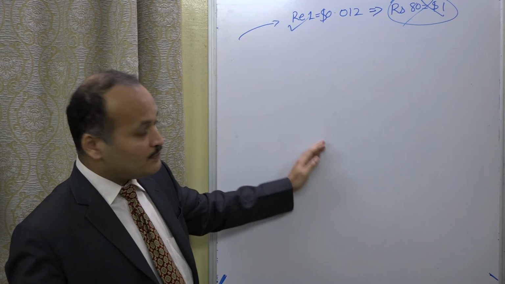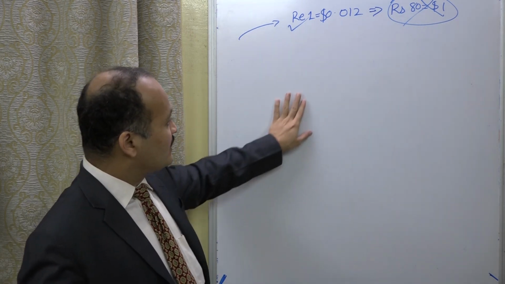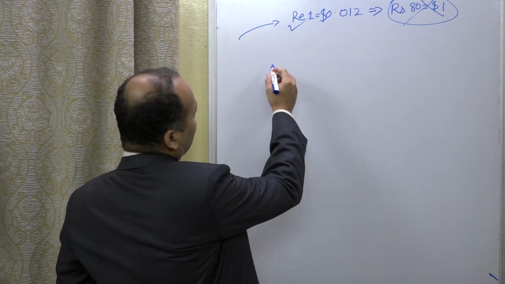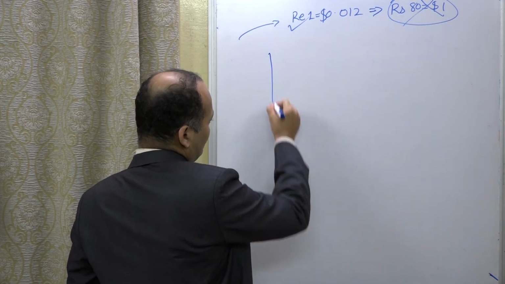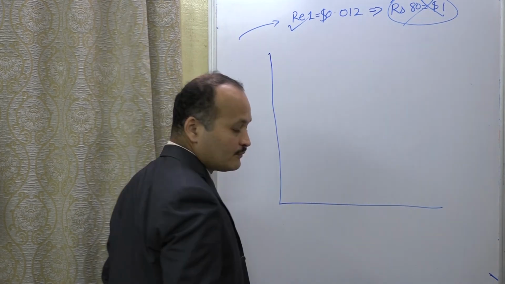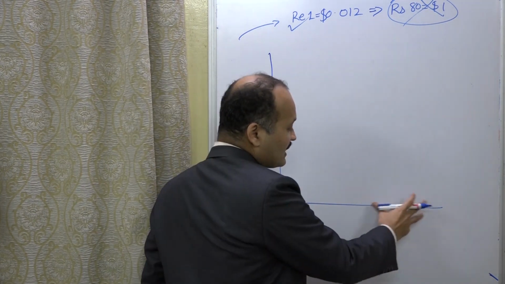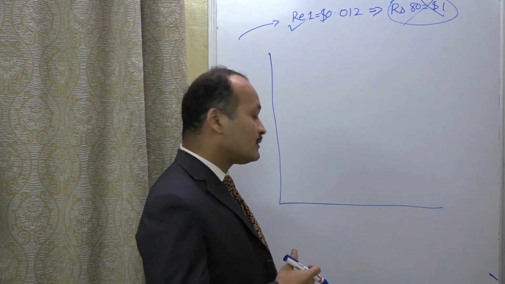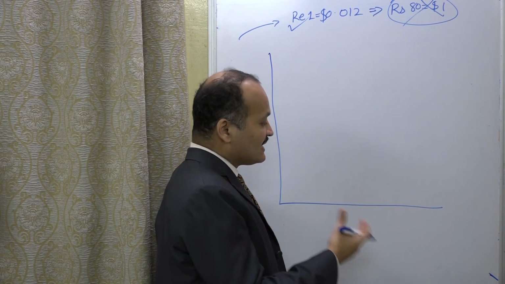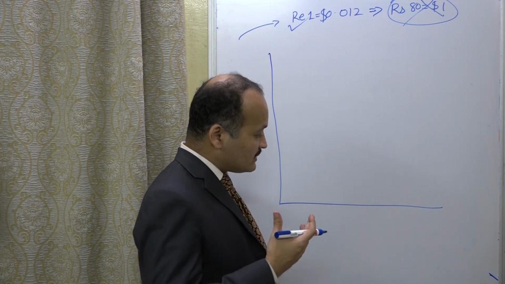Now, how can we represent that through the demand supply framework? Last time we discussed rupee traded on the x-axis. In that framework, when I am talking about rupee traded, I cannot depict the direct dollar sell and purchase by the central bank.